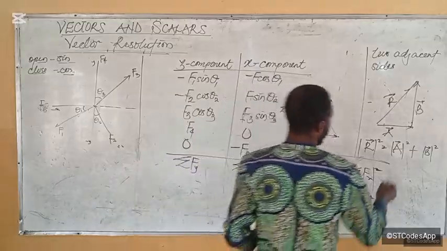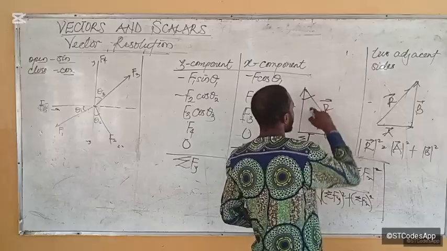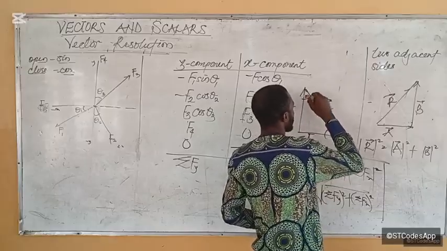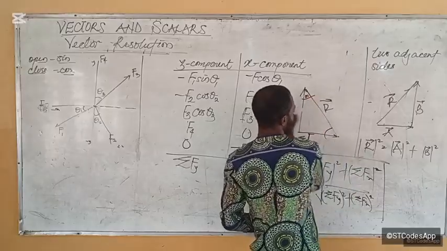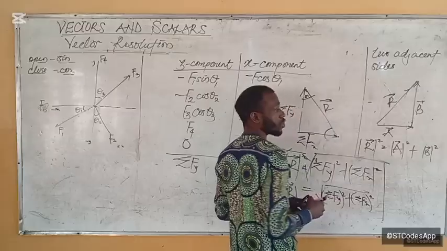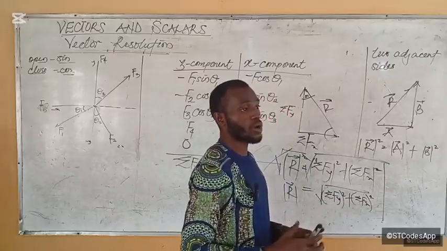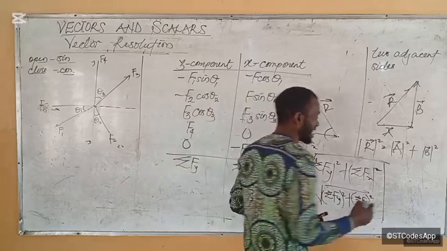Then what if we are told to find the angle between them? Whether it's this angle or this angle, if it's this angle, theta, for example, this will be your opposite, this will be adjacent. If it's this angle, this will be your opposite, this will be adjacent. Either way, you come up with opposite and adjacent. Which trig function compares opposite and adjacent? That's tan.